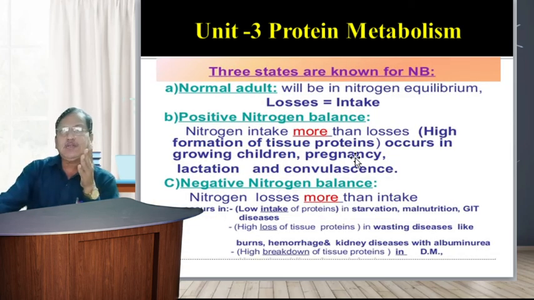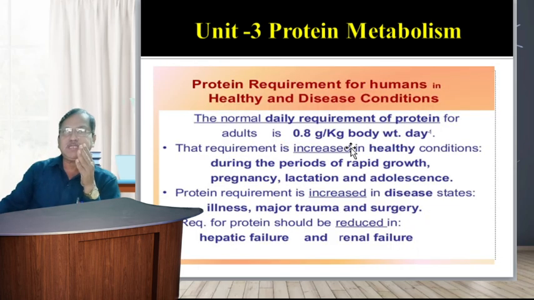Three states are known for NB: normal in adults, positive nitrogen balance, and negative nitrogen balance. The protein requirement for humans in healthy and disease conditions is 0.8 g per kg body weight per day.